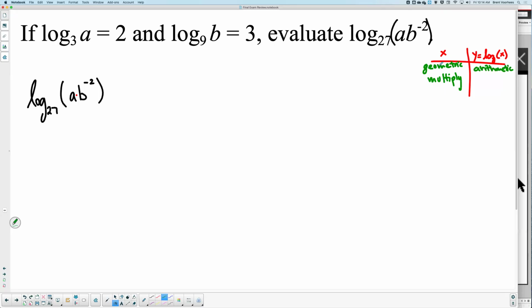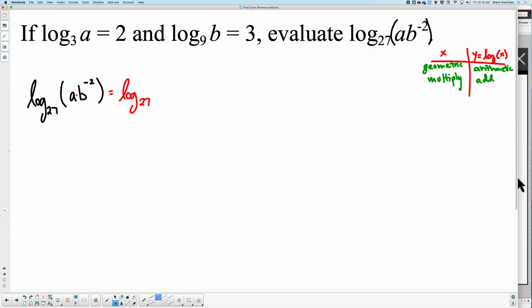What is one less than multiplying? Divide? No, it's adding. Divide would be the opposite. One less would be adding. We can change this log that's multiplying into two logs that are adding. This is called the product property.